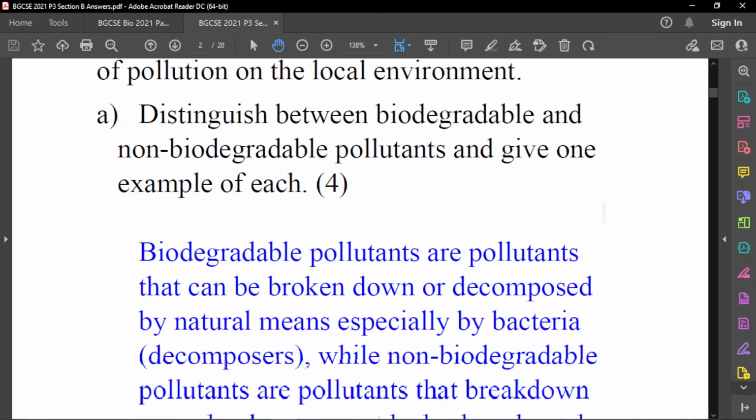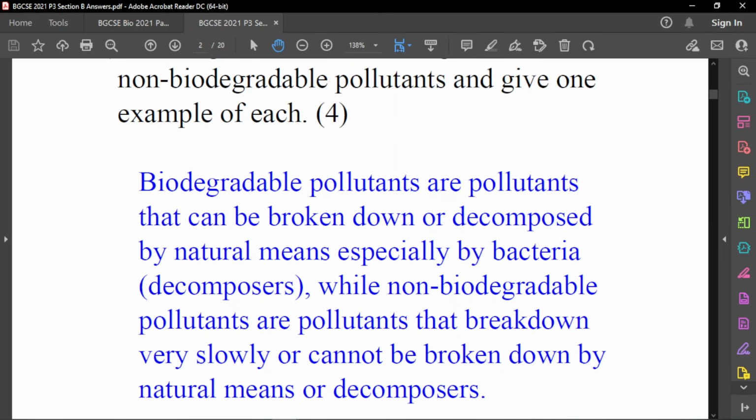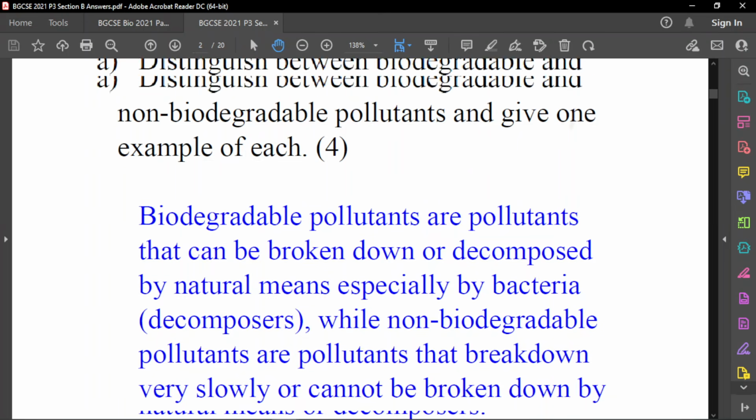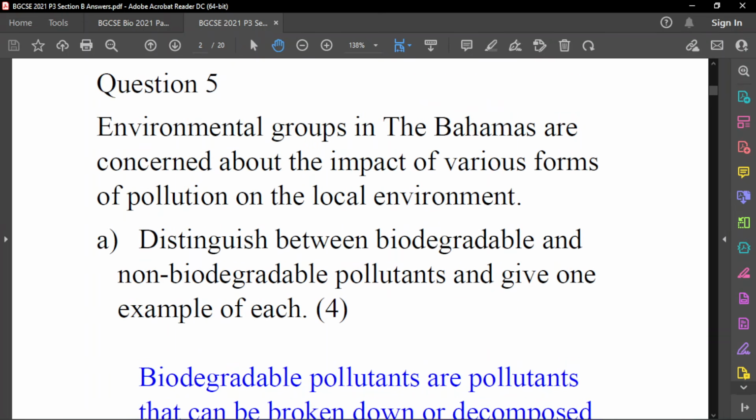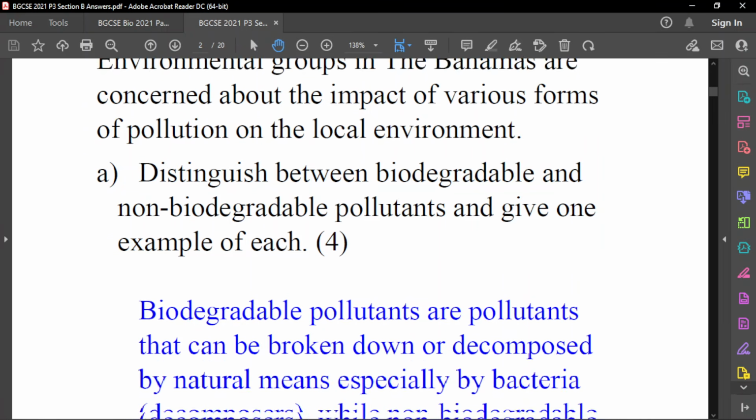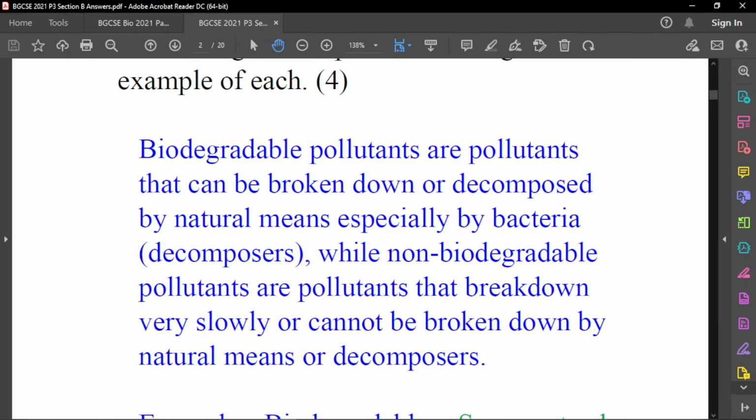So for 4 marks, they need at least 4 points, right? But here they said, look at the good thing here now. They said distinguish between the two and give one example of each. So it's 4 marks to state the difference and one example of each. That's 4 marks right there. So the difference is now for 2 marks.